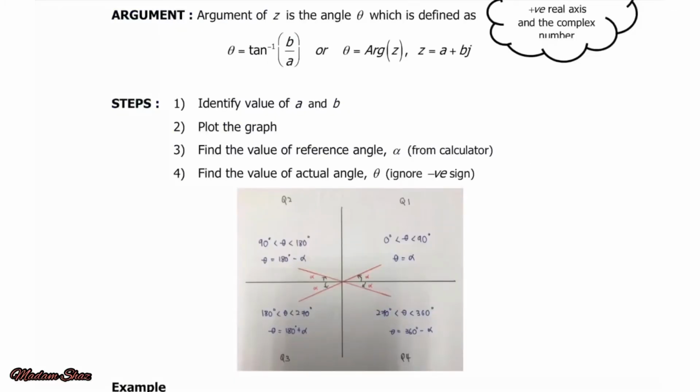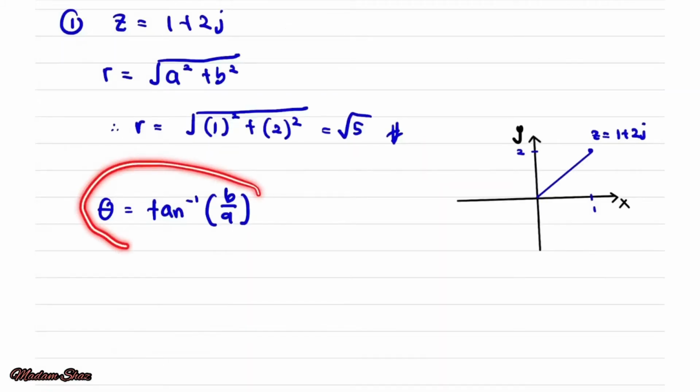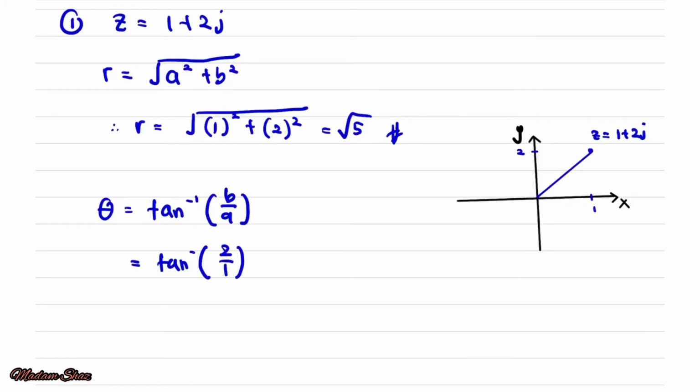For step number 3, find the value for the reference angle alpha from the calculator. So in order to find the value for the alpha here, use the formula theta equal to tangent inverse B over A. So tangent inverse B is equal to 2 over 1.